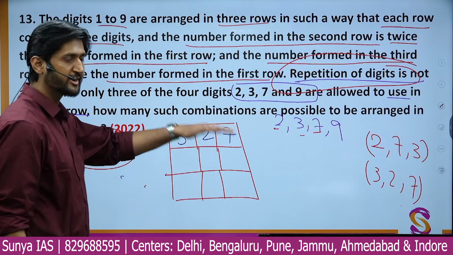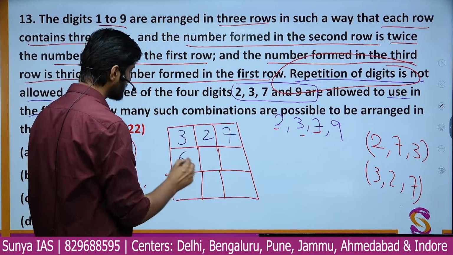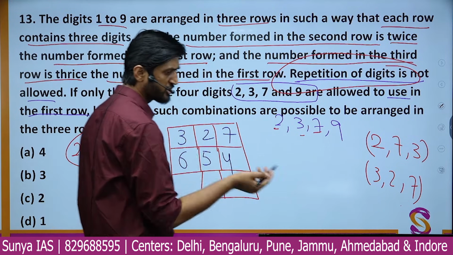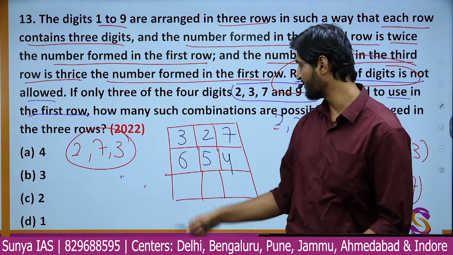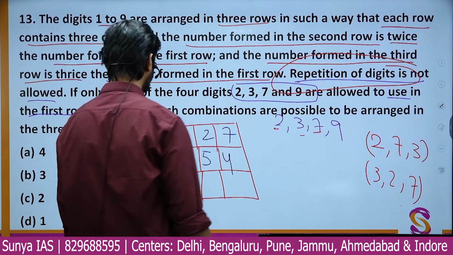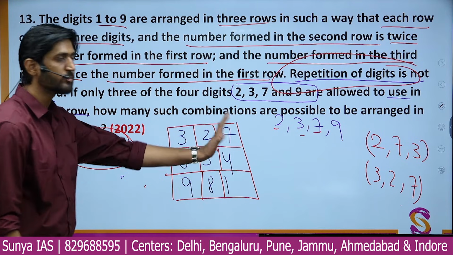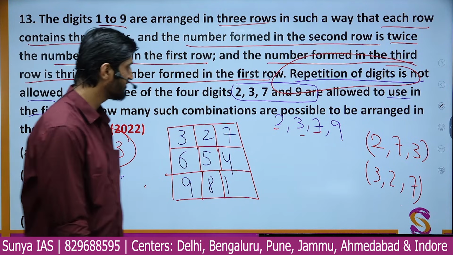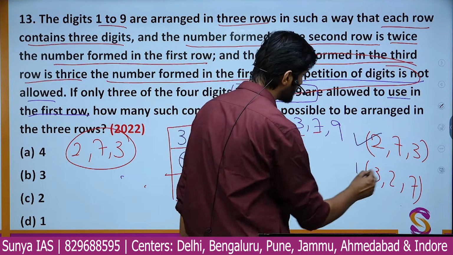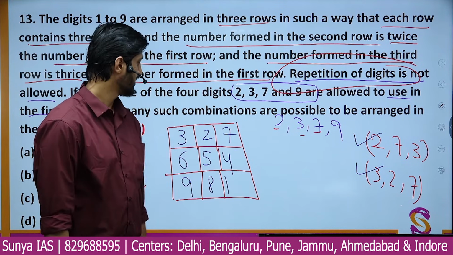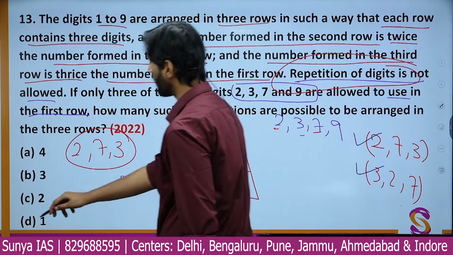When we multiply the number by 2, we get here 654. All the digits are different here again. And finally, when we multiply this number by 3, we get 981. Again also all the numbers are different. There is no repetition of digits going on. So here we have only 2 such possible arrangements, and therefore correct option is going to be option number C.